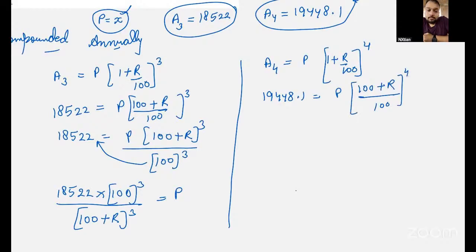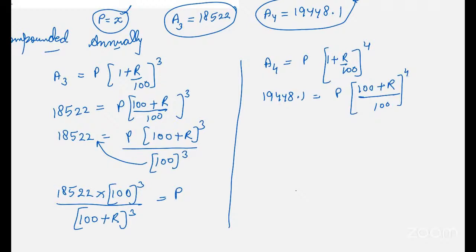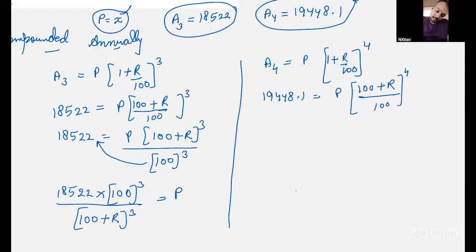Got it? Say yes or no, everyone. Yes, sir. Okay. So can I write it like this? 19448.1 is equal to P into (100 plus R) to the power of 4 upon 100 to the power of 4.